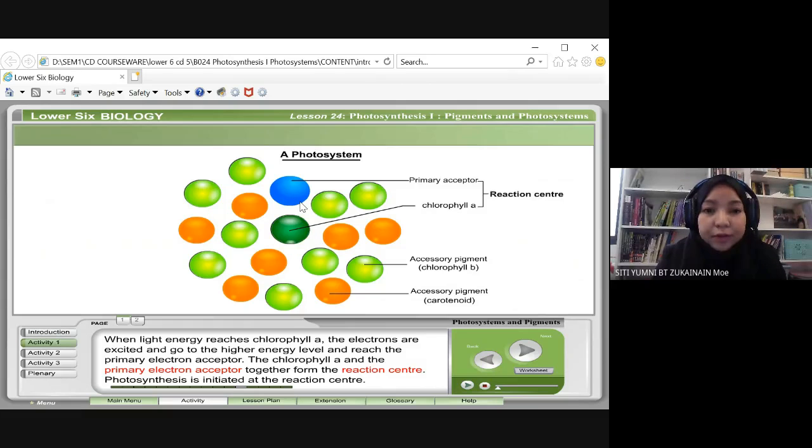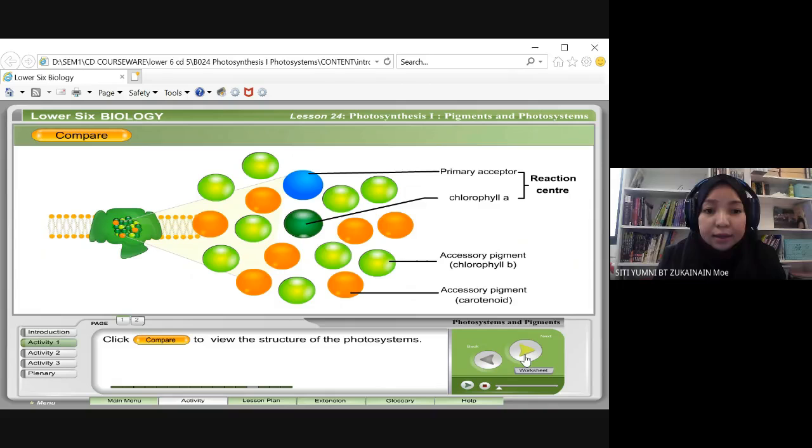Here the chlorophyll A and the primary electron acceptor together form a reaction center. Photosynthesis is initiated at the reaction center. So this is the part where photosynthesis is initiated.